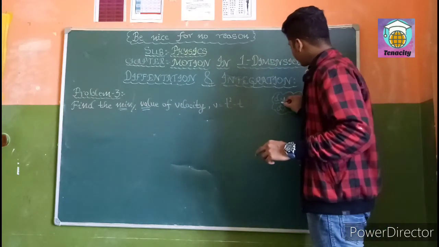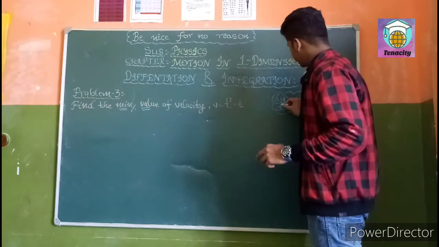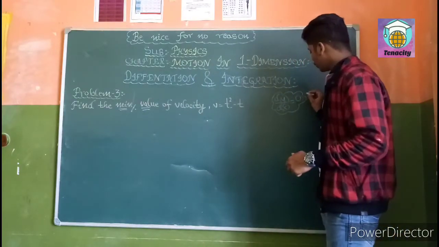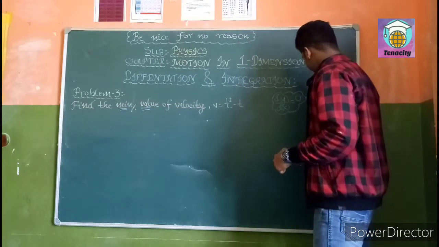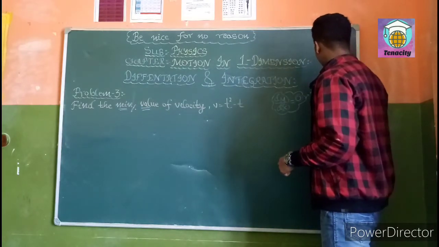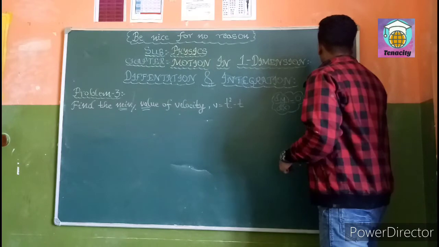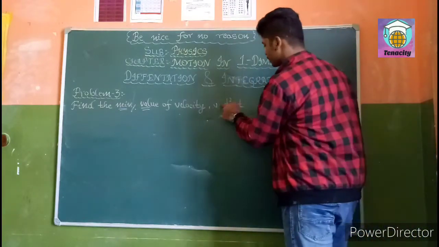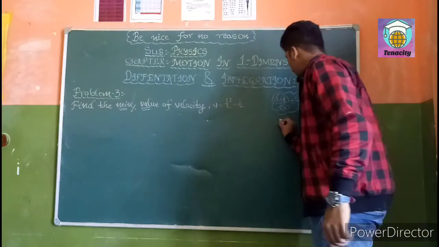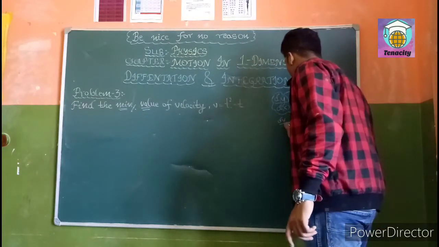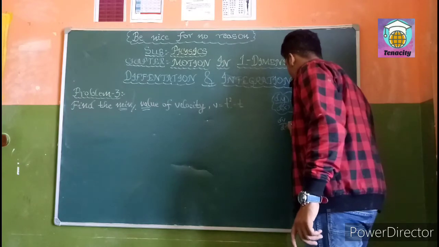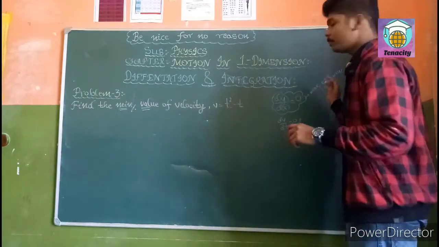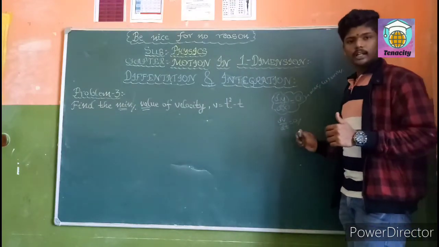So it should be expressed in terms of x, so that you will get 0 for either maximum or minimum. Here velocity is expressed in terms of t, so dv by dt must be equal to 0 to get the maximum or minimum value. I hope you are clear with this.